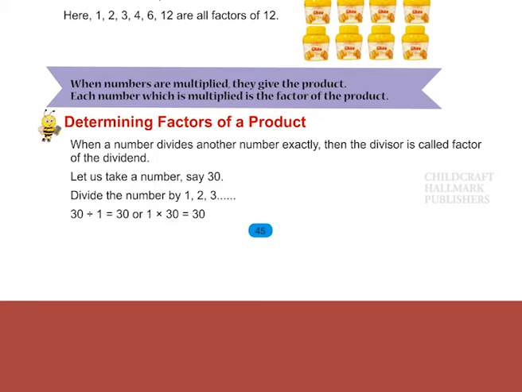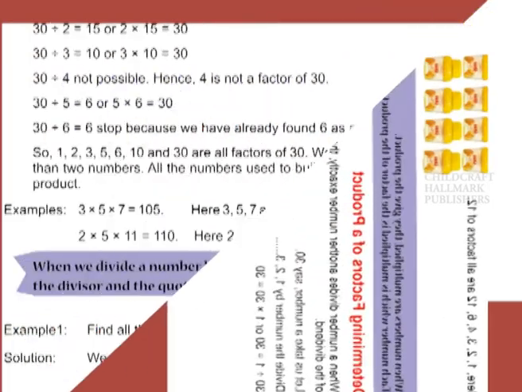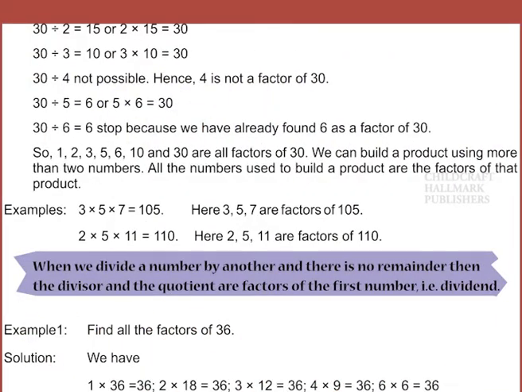30 divided by 1 is equal to 30, or 1 into 30 is equal to 30. 30 divided by 2, or 2 into 15 is equal to 30. 30 divided by 3, or 3 into 10 is equal to 30. 30 divided by 4, not possible.